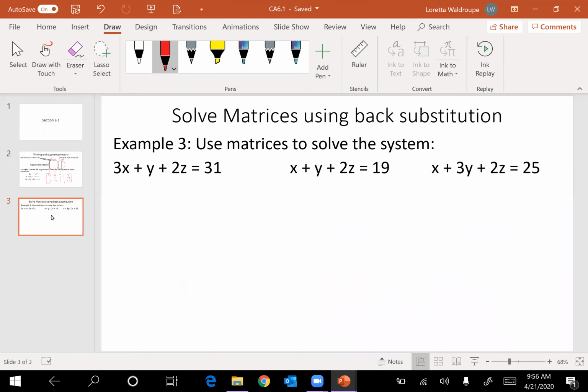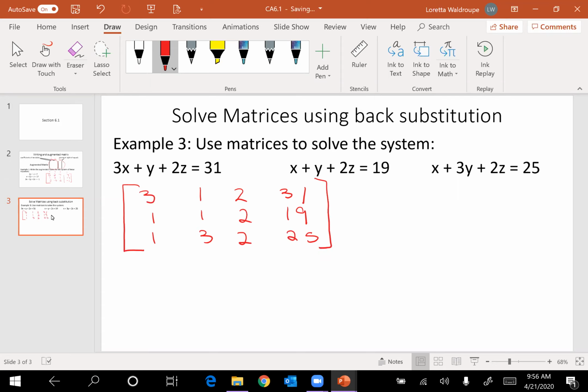Now, to solve a system of matrices, you start out by writing the augmented matrix. So 3, 1, 1, 1, 2, 19, and 1, 3, 2, 25.